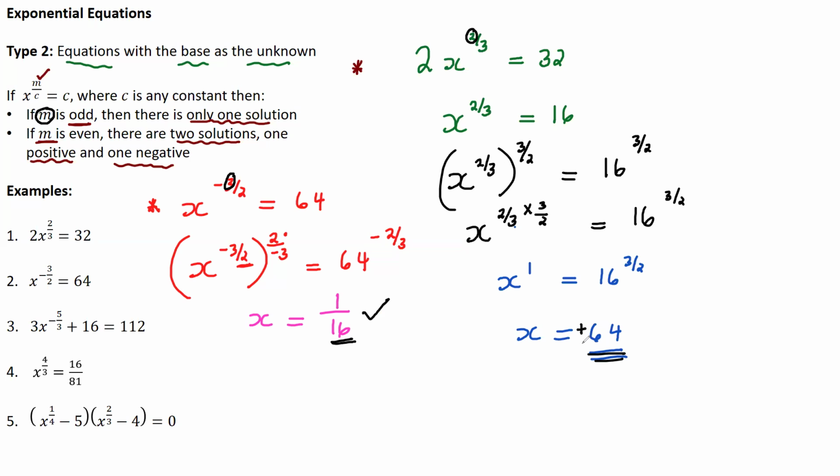One is positive, one is negative, plus or minus 64. So that's where the bulk of the stuff is. I'm hoping you guys are getting the idea of all of this so that you can see where it's coming from. So this is what happens when the X is unknown. You always power by the reciprocal. So that's just question 1 and question 2.